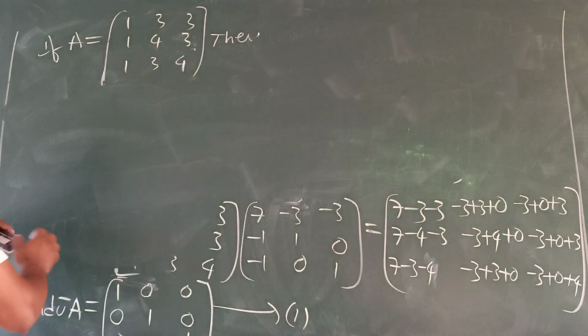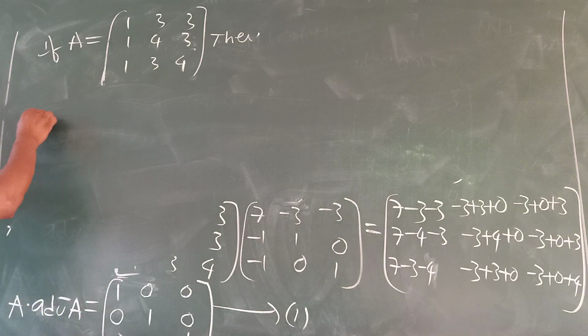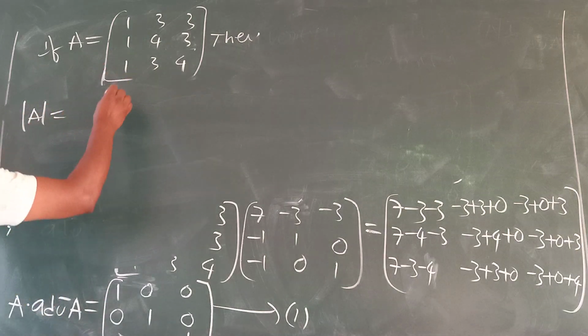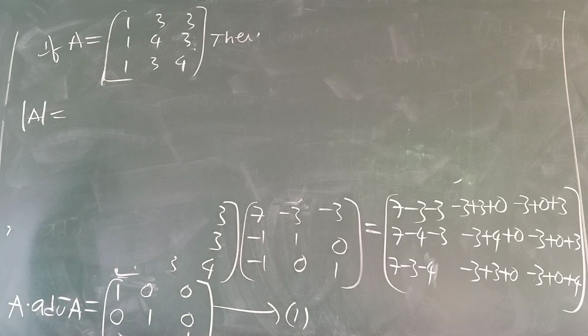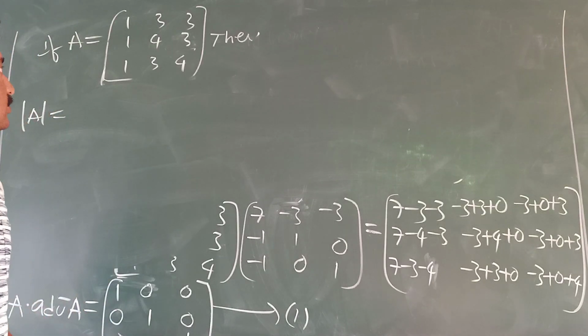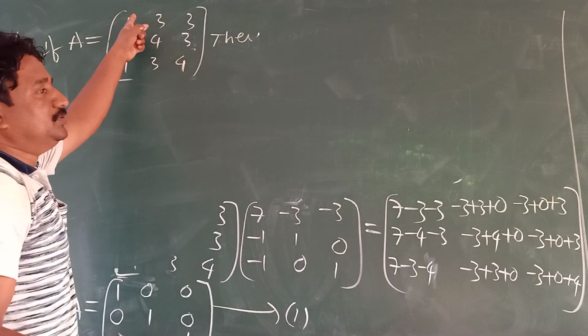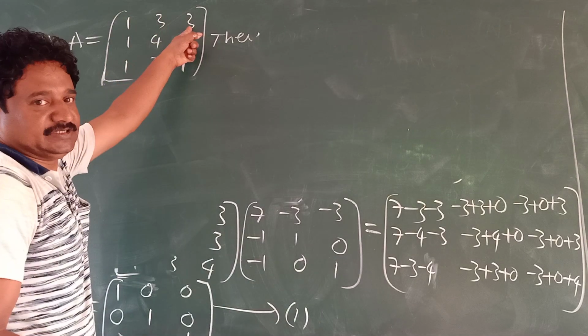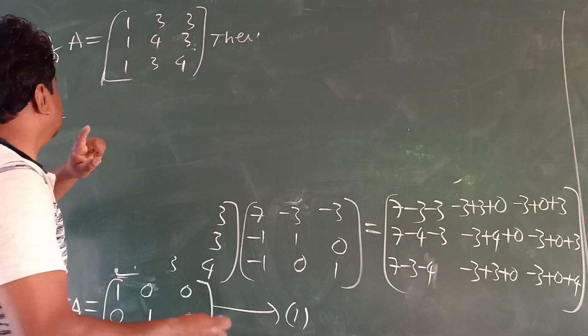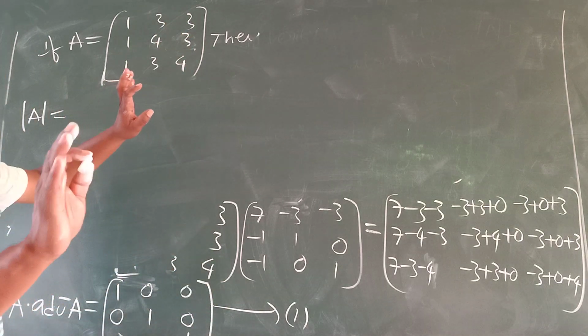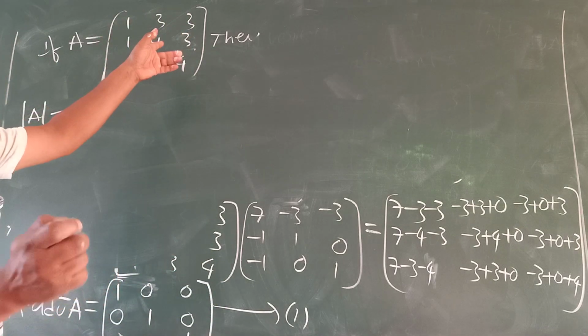Let us find out det A. To find determinant A, keep the alternating signs plus, minus, plus in mind and calculate its value directly.